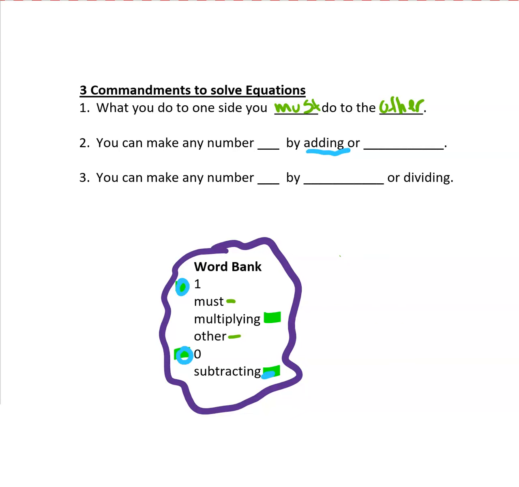So we know that we're going to say this is subtracting. And if I know that I have 3 and I subtract 3, I get 0. So my answer here is going to be 0. Now we've used that one. All right. Well, we only have 2 left now.